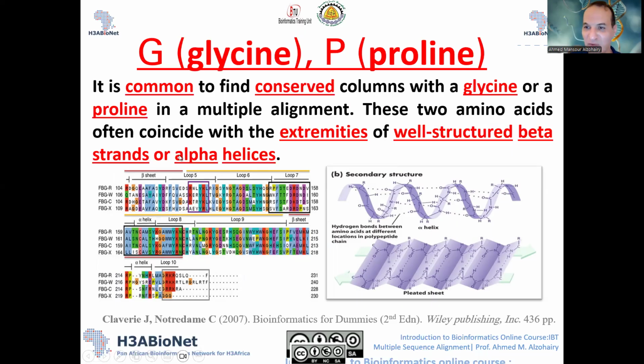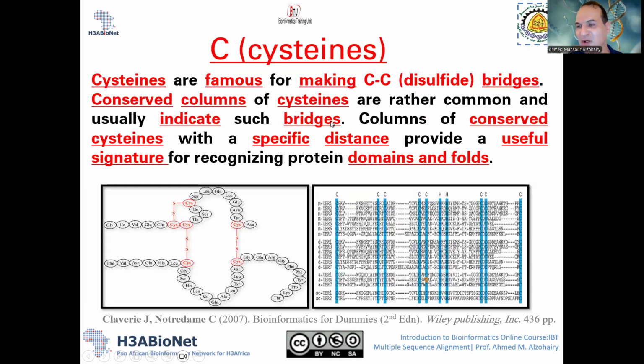So if you are looking to see well-structured beta strands and alpha helices, then you are looking for glycine or proline conserved columns. That's a good indication to help you interpret the conservation of that column.